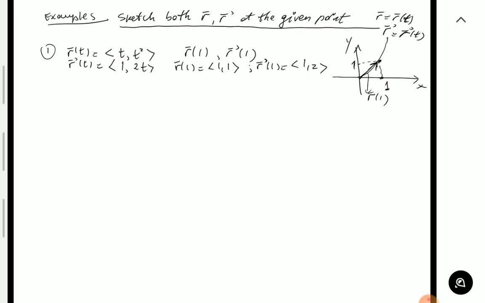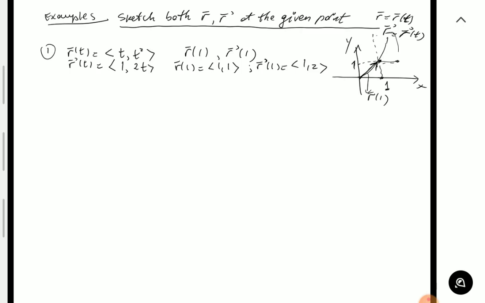So how do I sketch 1, 2? Well, 1, 2 in component form simply means that you move 1 unit to the right and 2 units upward. I'm not going to make a mess here and label it, but just hear my words, right? So first component is 1, that means over to the right 1 unit. Second component is 2, upward 2 units.